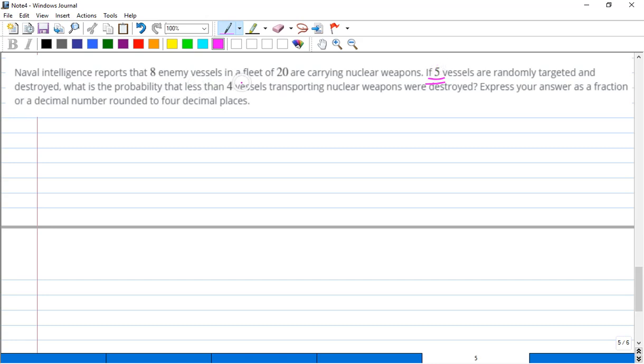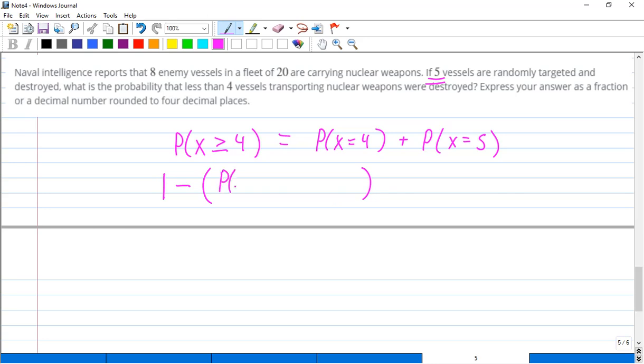then the opposite of less than 4 is greater than or equal to 4. And if they only destroyed 5, that's going to be the probability of 4 plus the probability of 5. Now that's not our answer. If we use a complement, we have to make sure that we say 1 minus the sum of the probability of 4 plus the probability of 5.